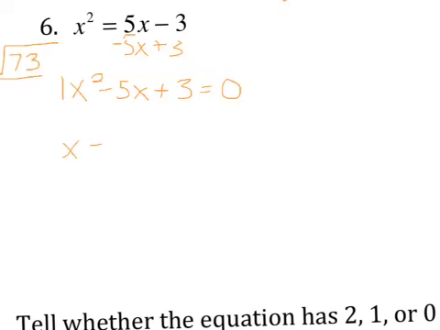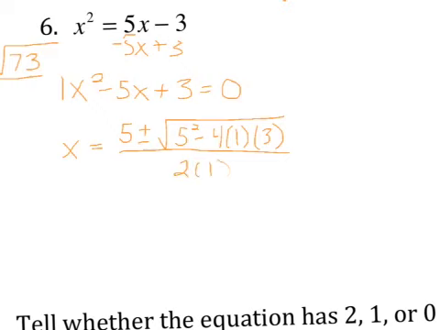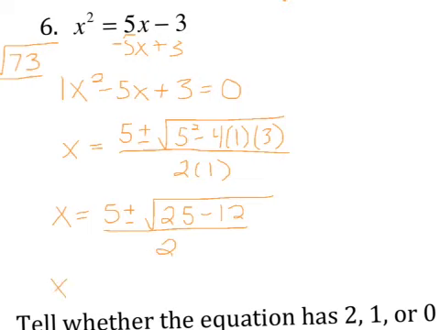So we have x equals negative b, so positive 5, plus or minus the square root of 5 squared minus 4 times 1 times 3, all over 2 times 1. So 5 plus or minus the square root of 25 minus 12, all over 2. So x equals 5 plus or minus the square root of 13, over 2.